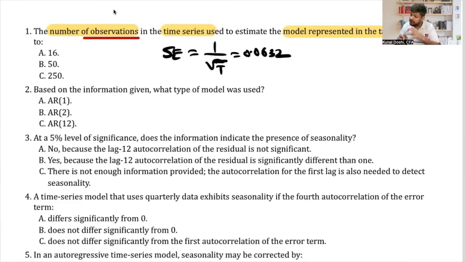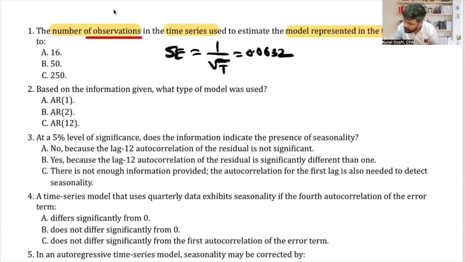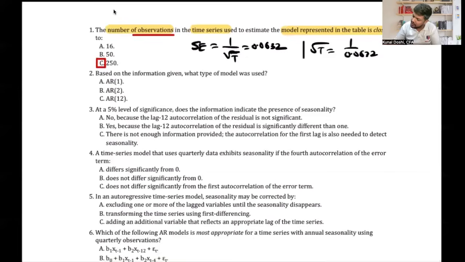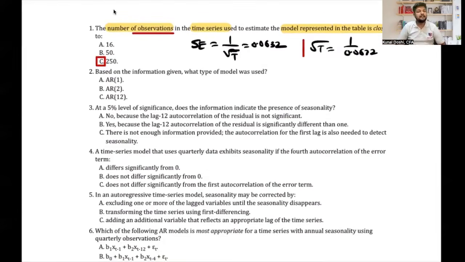So we are going to rearrange this. So square root of T will be 1 over 0.0632. Everyone in the class, take the inverse of 0.0632, and since it's a square root, if it comes to this side, it becomes a square. So just press x square, you will get 250.36. This is what you will get. We just had to reverse everything. 250, everyone got it?